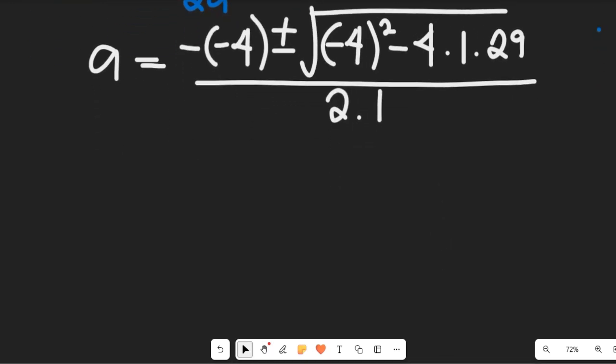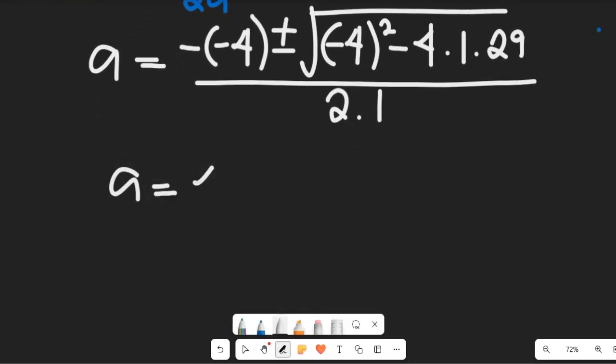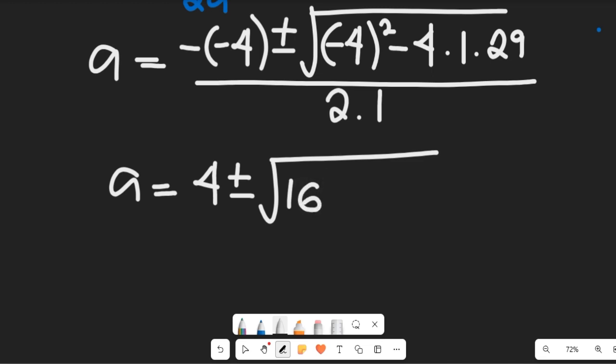And from that expression, I can see that my a is equal to 4 plus or minus the square root of 4 squared, which gives me 16, right? And this gives me minus 4 times 29. 4 times 29 gives me 116, right?